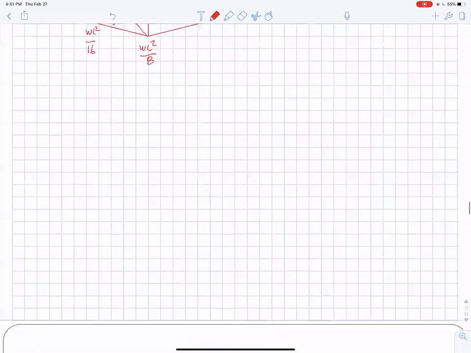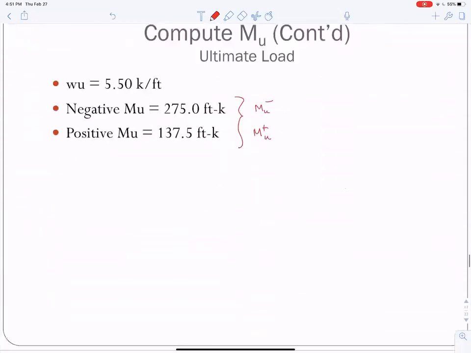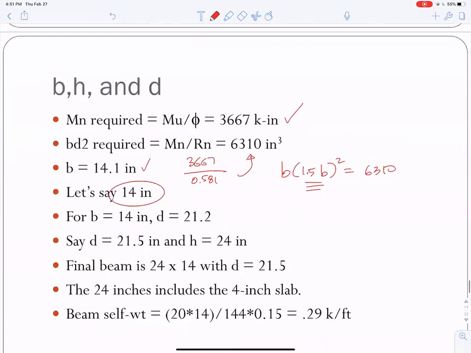We got the moments, and now we're sizing the beam with that, and we've got 14 instead of 12. And then I did 14d squared equals 6310. I solved for d, and it came out to 21.2.